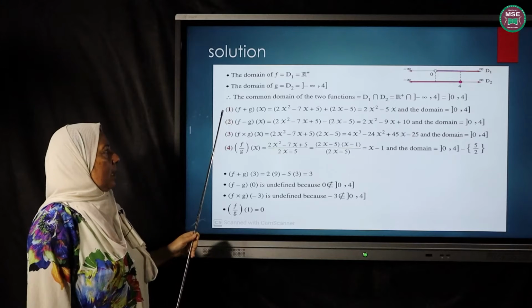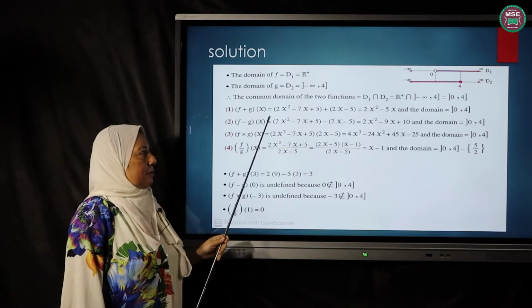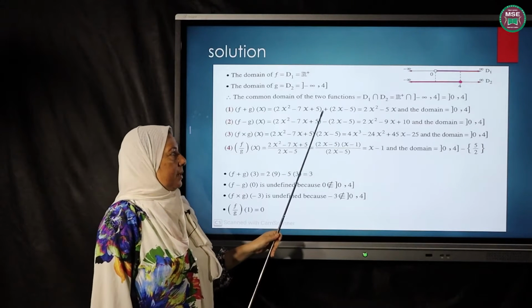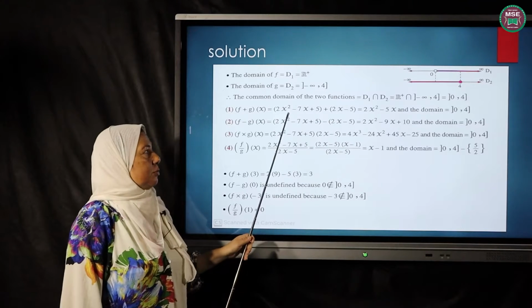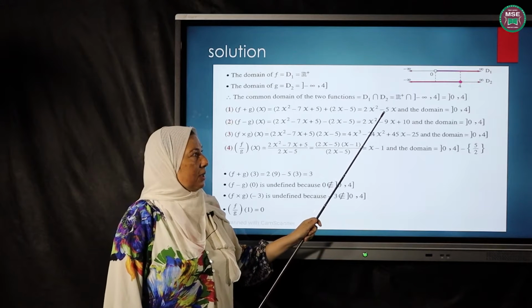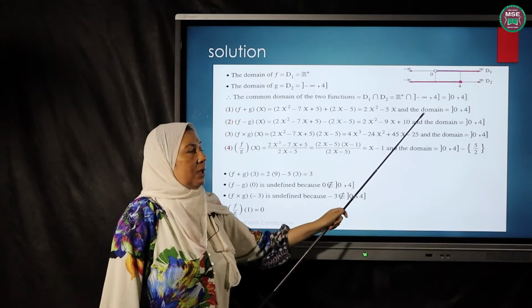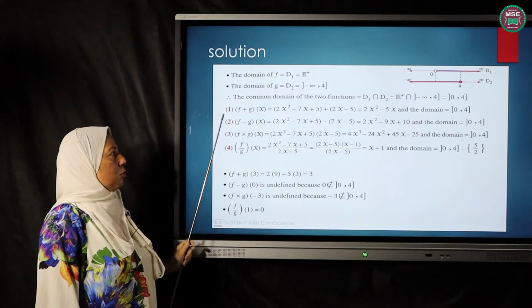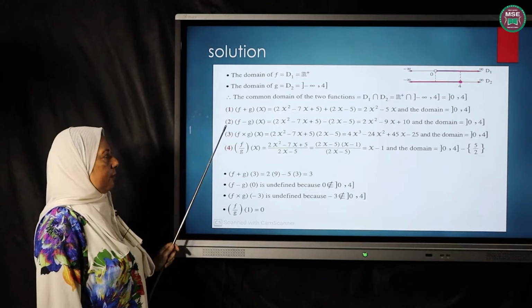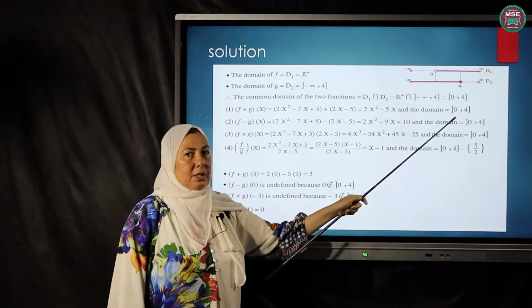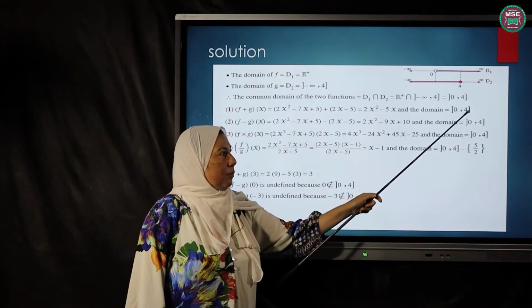Number 1, f plus g of x. The first function plus the second function, combining like terms, gives 2x squared minus 5x. The domain of f plus g, or f minus g, or f times g, is the intersection between the two domains, (0, 4].